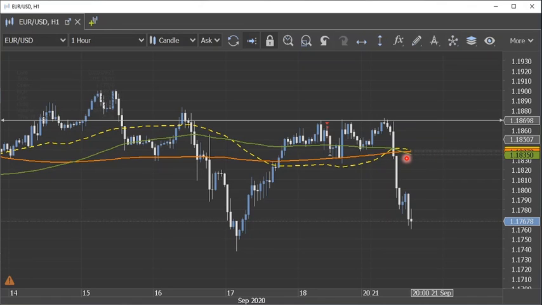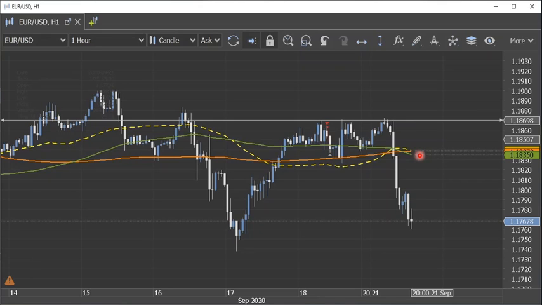Here we are likely to see the Euro USD 50 SMA again crossing below the 200 SMA, and just a couple of hours ago in today's session we saw this crossing above it, and now as the turnaround in sentiments has taken place, we are likely to see it again crossing below it, which is almost inevitable given the fact that price has moved a lot lower compared to the 200 SMA, and all these confluence zones can indeed be expected to provide some sort of resistance on the higher side.